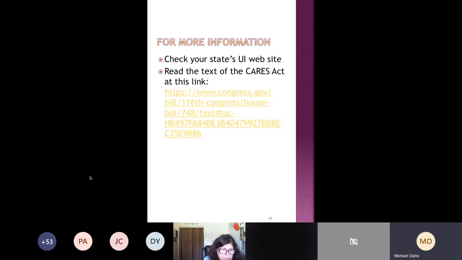probably a WIPA project. WIPA, W-I-P-A, stands for Work Incentives, Planning, and Assistance. These are the Social Security funded benefit planning organizations that exist in every state.